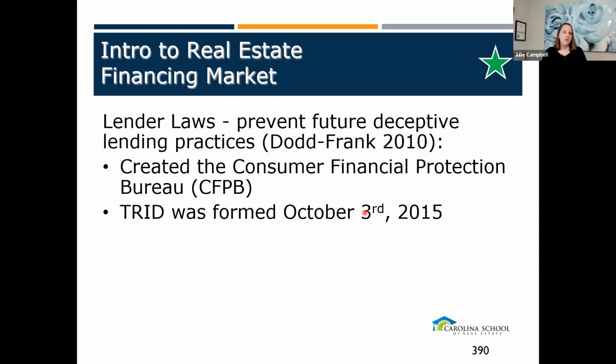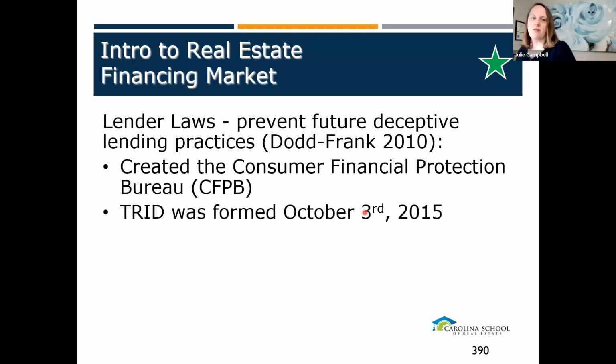And because that theory was one of the possibilities that put us into the housing market crash, we had some laws and some rules that came from that to help better protect the consumer. Anything to do with lender laws today are about consumer protection.